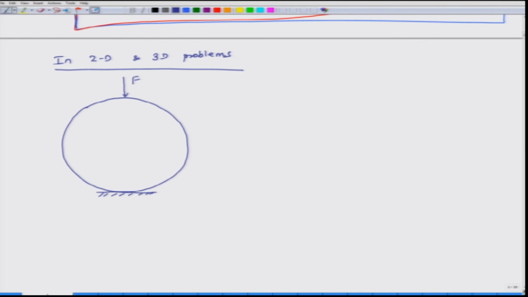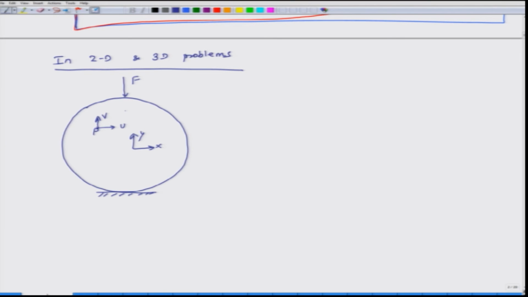So, this is a metallic disk, I am putting force on one end and at the other end I am fixing it, and I am interested in finding u and v. u is the displacement in x direction and v is the displacement in y direction. So, this is my coordinate system, x and y.